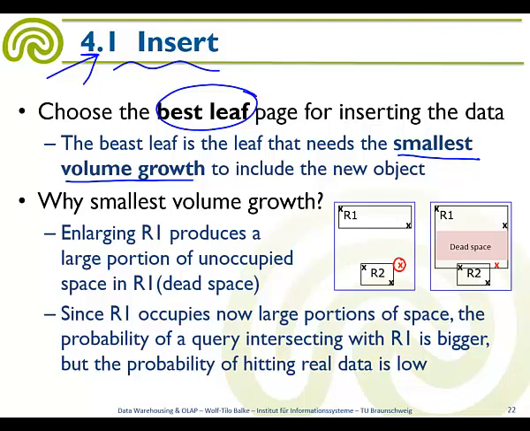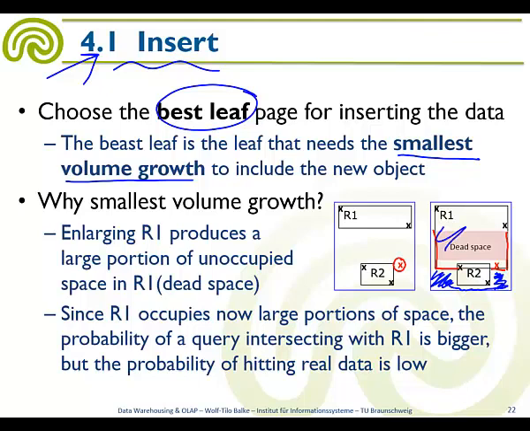As you can see, if you go R1, you have a lot of dead space. And the bigger the dead space you create in your root, you only have now this area over here that actually has this pruning power. So only if a search query comes in this blue part, you can say it does not exist and you prune the branches.